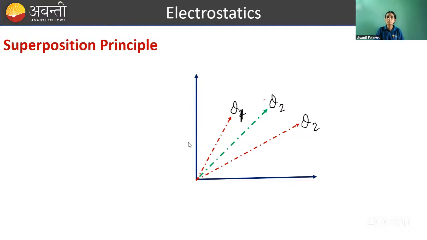a statement of superposition principle is that it tells force acting between two charges is unaffected by any other charge present in the surrounding. ठीक है, that is the statement of superposition principle. उसको तुम इसी लैंग्वेज में सिंपल लिख सकते हो. तो यहाँ पे Q1 Q2 Q3 है, and if I say what is the force acting between Q1 and Q2, then that will remain unaffected by presence of charge Q3. तो जिस तरह से हमने पहले कूलम्स लॉ में किया था, we have already calculated it.